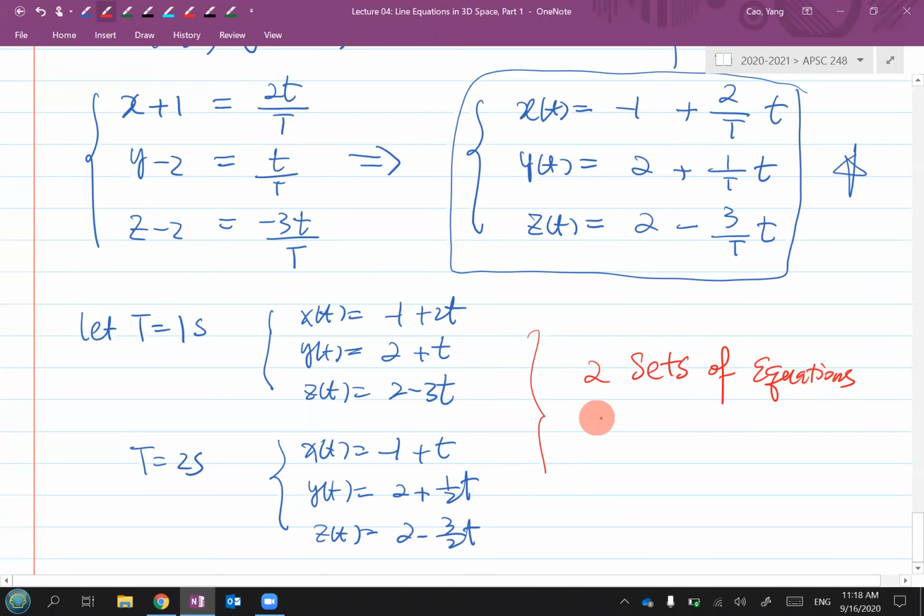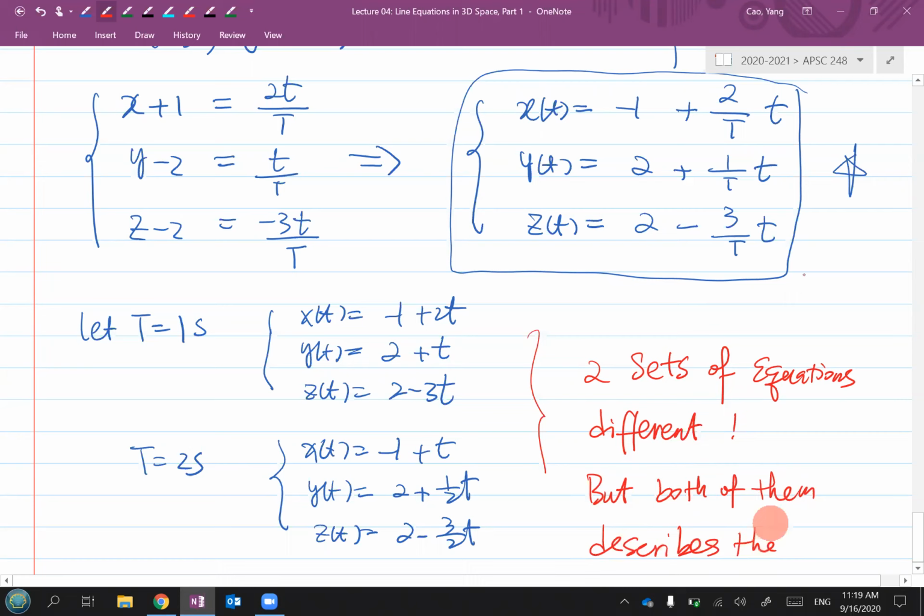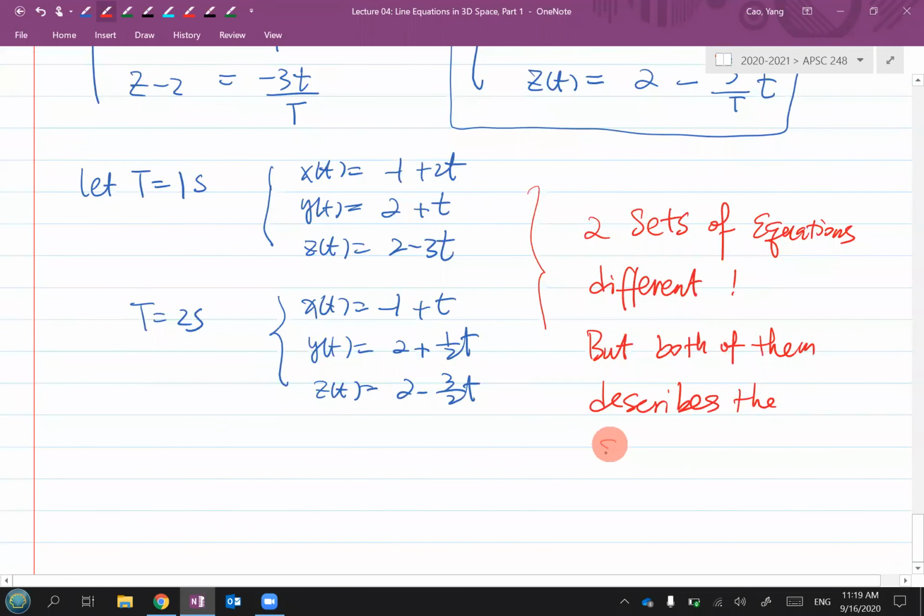Even though they are different, both of them describe the same line. So different sets of equations describing the same line.